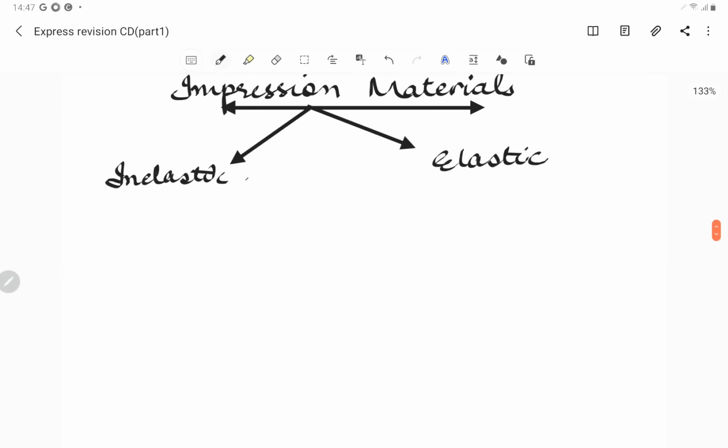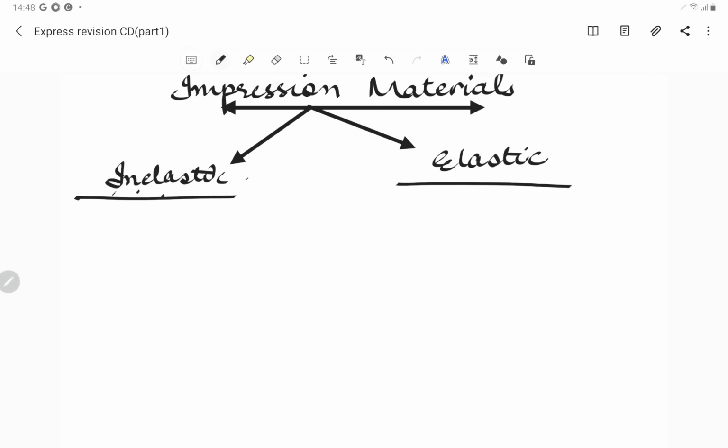Inelastic, as the name suggests, they are not elastic. The impression material becomes rigid and it gets fractured, or even distorted, when it is removed from the undercuts. So they are not compressing the tissues.